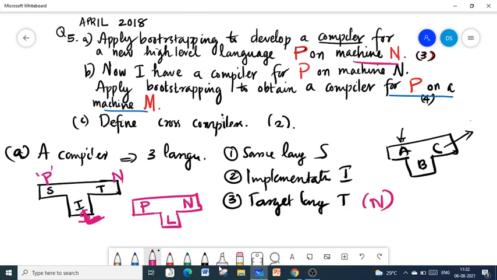Next, the second one. We have a compiler P on machine N, that is, you are having a compiler like this. Apply bootstrapping to obtain a compiler P on machine M. That means we have to use this compiler, and at the same time we have to develop another compiler for machine M. So how is it possible?